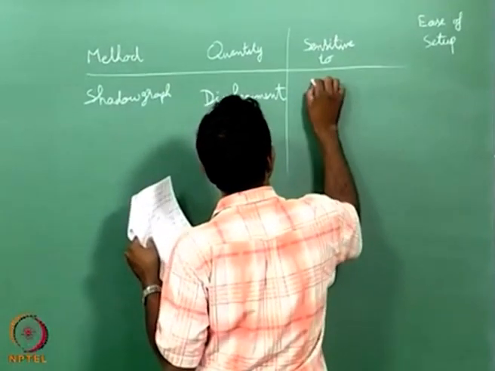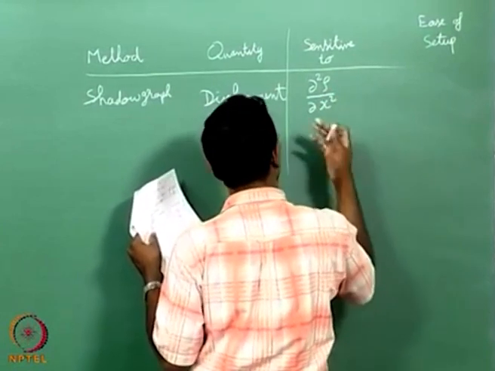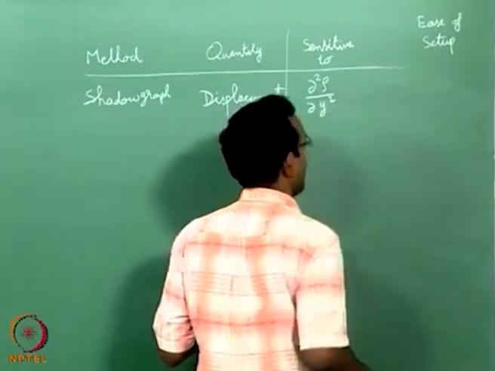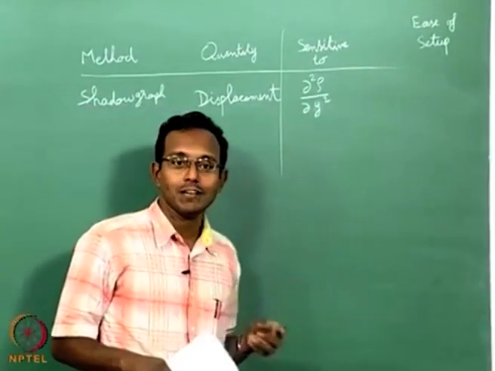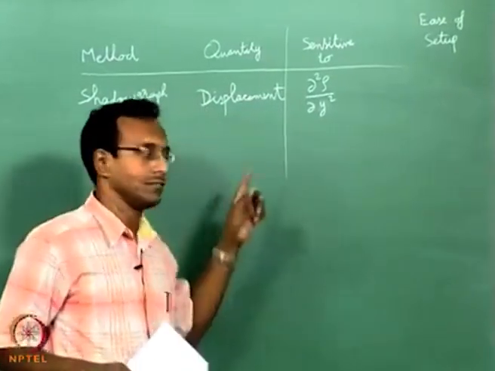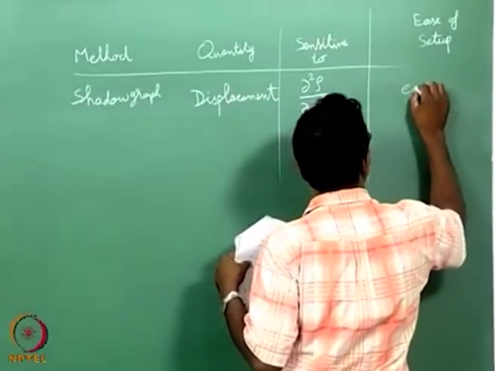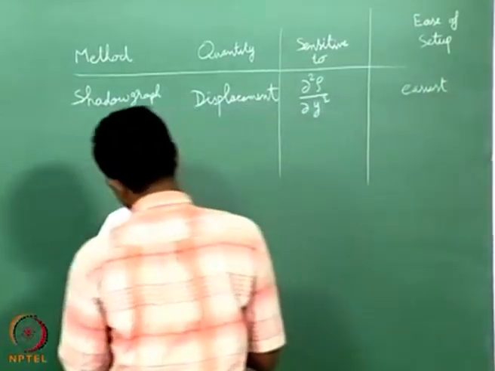Next it is sensitive to dou square rho by dou x square, or actually for us we wrote it as dou y square, so I will put dou y square. What it really means is it is sensitive to the second derivative of density perpendicular to the light propagation direction. That is what matters here. And ease of setup, easiest. This is the easiest to set up.